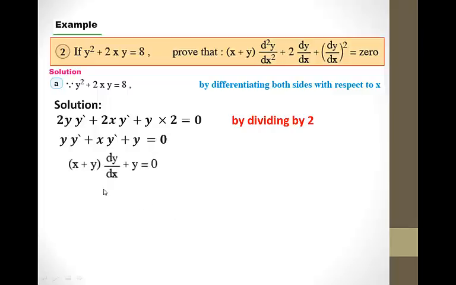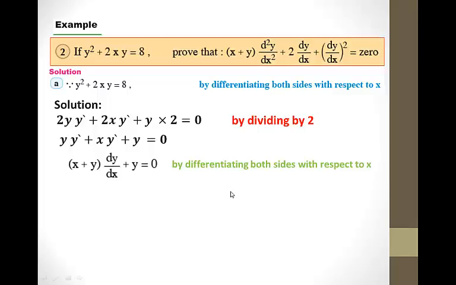Here you can take dy by dx, which equals y dash, as a common factor. So x plus y multiply dy by dx plus y equals 0. Again, you can write x plus y all multiply y dash. Y dash is dy by dx, plus y equals 0.